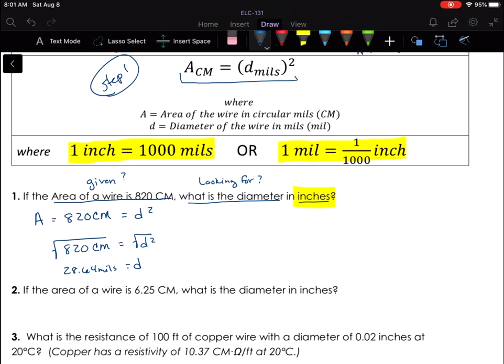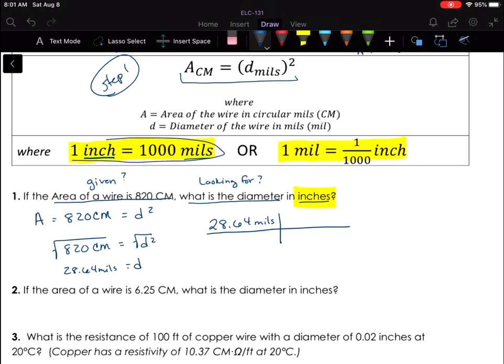Now, there's a way of doing conversions if you're not quite sure whether to multiply or divide. Look at the units. We want to get inches from mils. So what I like to do is start out with what I have, 28.64 mils, and then draw a little fraction and convert my units. I know that I have 1,000 mils in 1 inch, so that's going to be my conversion factor.